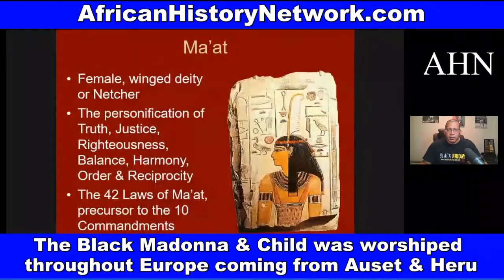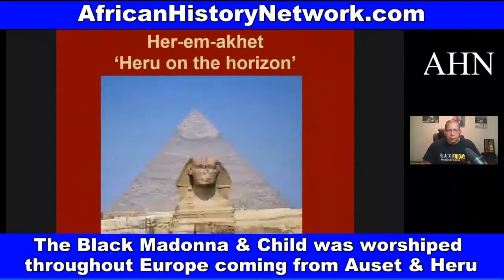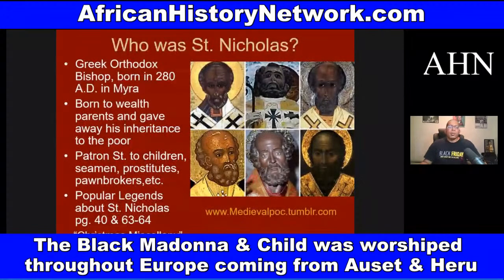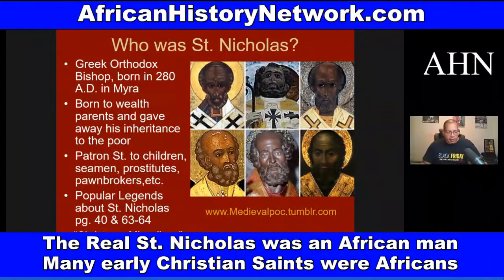Okay, so we deal with different Neteru as well to better understand this also. Here we have Heramakhet, Heru on the horizon, what the Greeks call the Sphinx. When we look at patron saints, a lot of your early African saints, a lot of your early Christian saints are going to be Africans. But patron saints take the place of the Neteru.